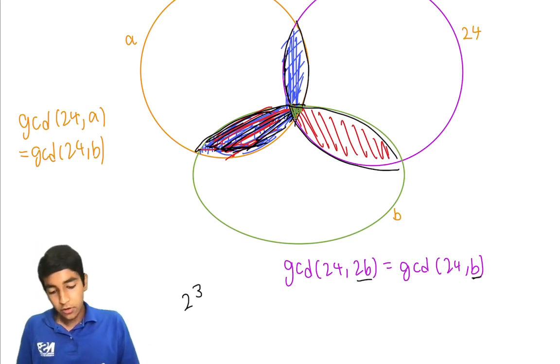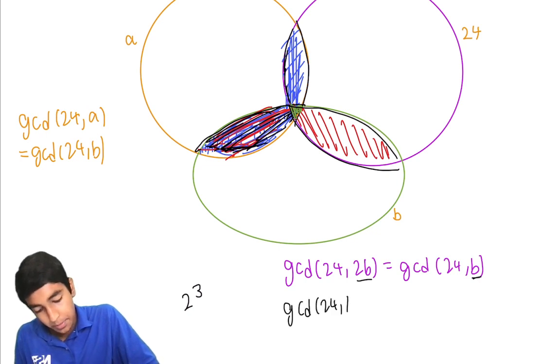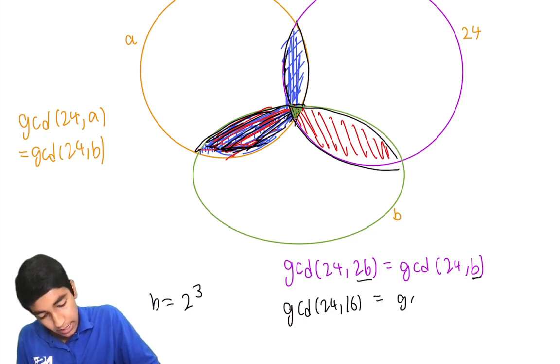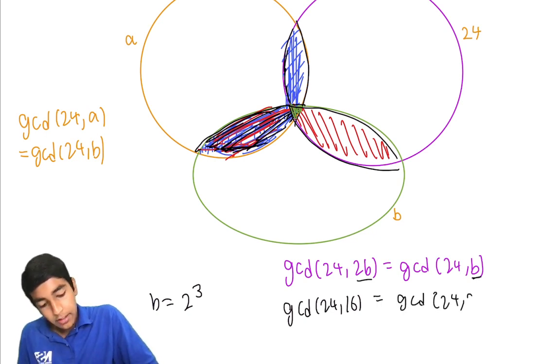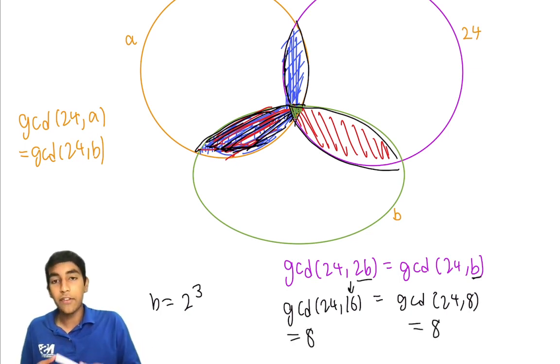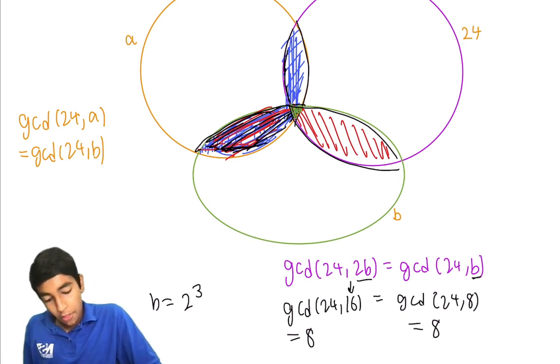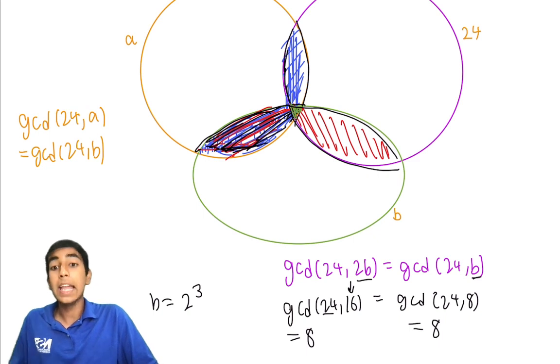The reason this is true is because, let's say it was GCD of 24 and 16, where b is equal to 8, b is 2 cubed, and equals GCD of 24 and 8. Notice how this is a GCD of 8, and this also has a GCD of 8, because this extra factor of 2 doesn't increase the GCD, because all the other powers of 2 are already taken by 24.